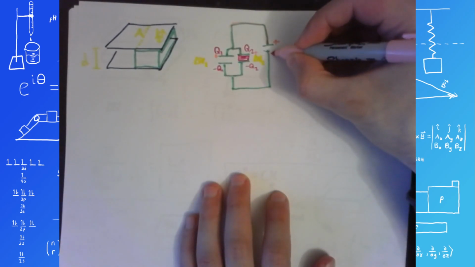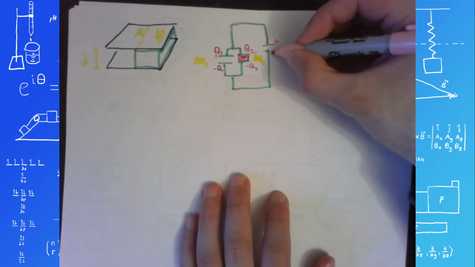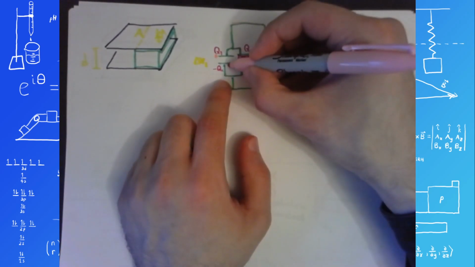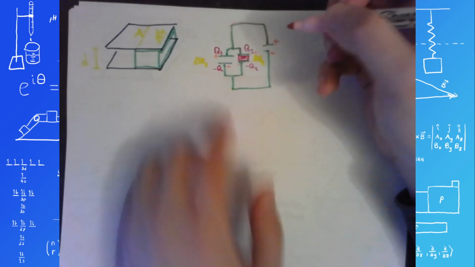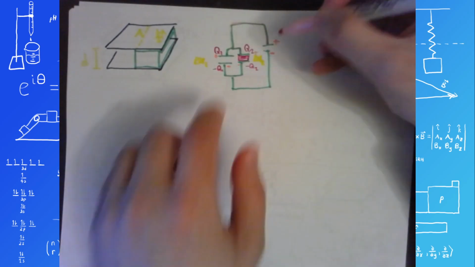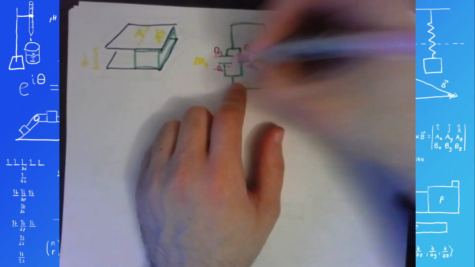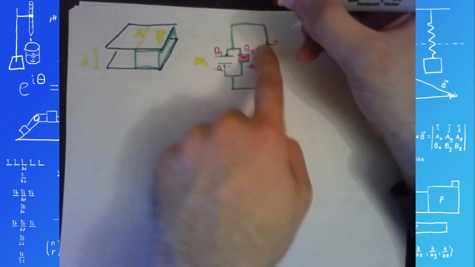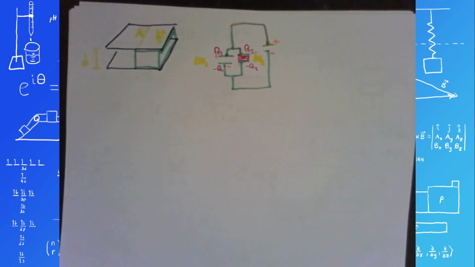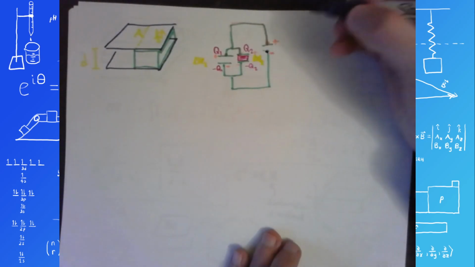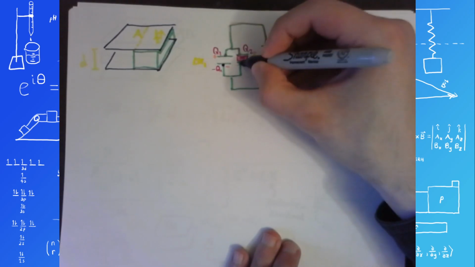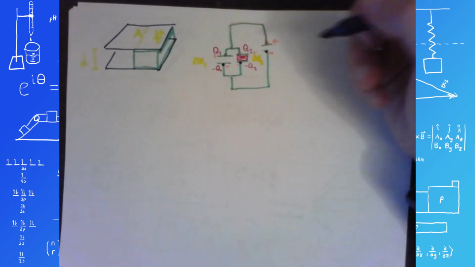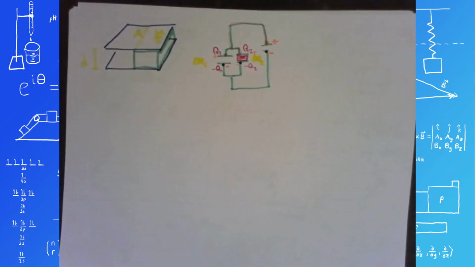Similarly, whatever voltage the negative end of the battery is at, that must be the voltage down here. There can't be any change in voltage between this point and these 2 points, because all of those points are connected by a metal wire. Similarly, there can't be a change in voltage between the negative end of the battery and these 2 points, because all 3 of those points are again connected by a metal.